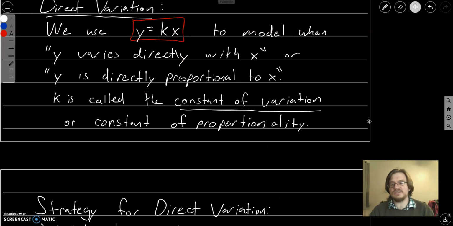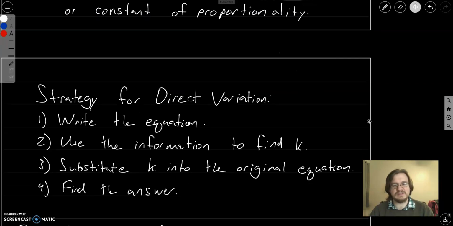And to use this information, there's just a couple of steps, and it's pretty natural. We'll write down the equation that governs the relationship. And this constant k, we won't know until we use some information to figure out what it is. Then we plug k back in, and we use our equation to answer the question.